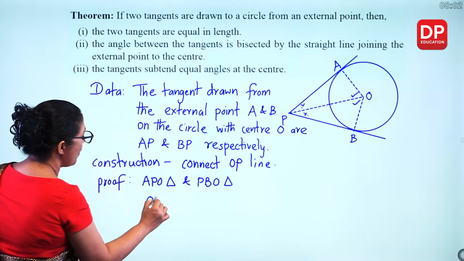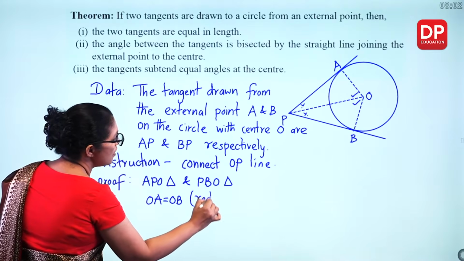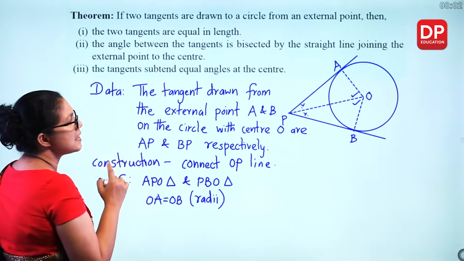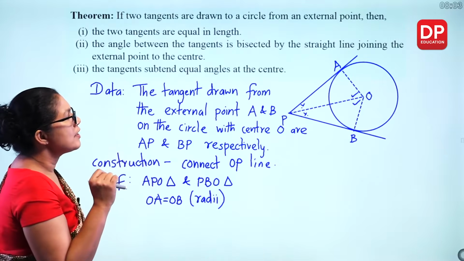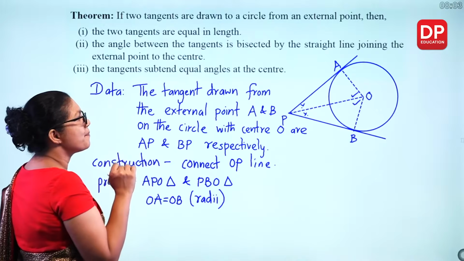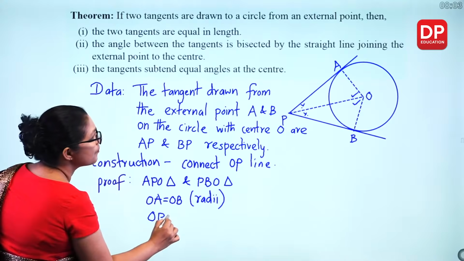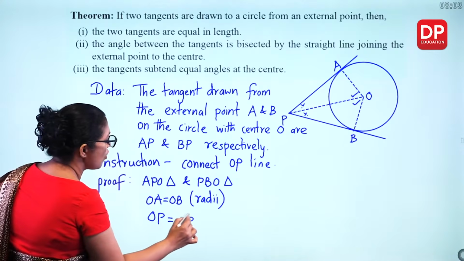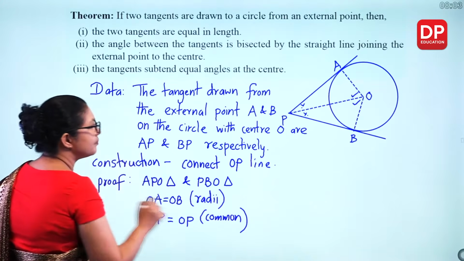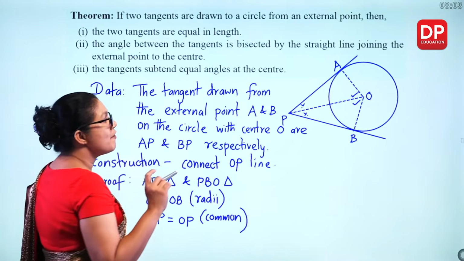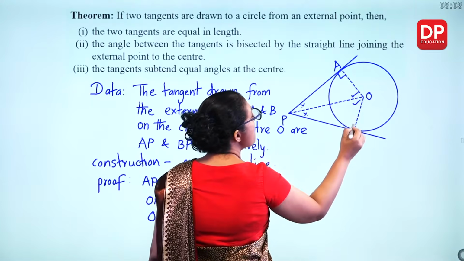What do we know? We know OA is equal to OB because they are radii of the same circle. Then again, we know OP equals OP. That's common. According to the first theorem, we know that the radius and the tangent are perpendicular.